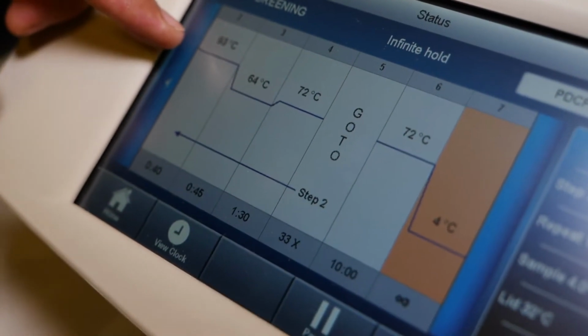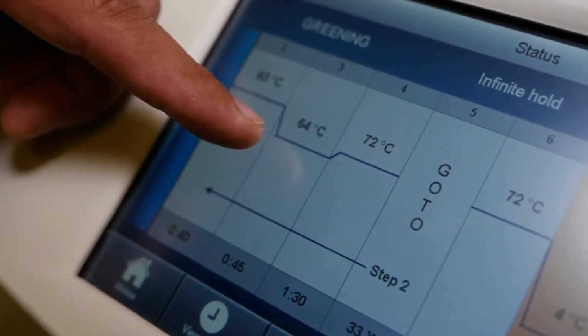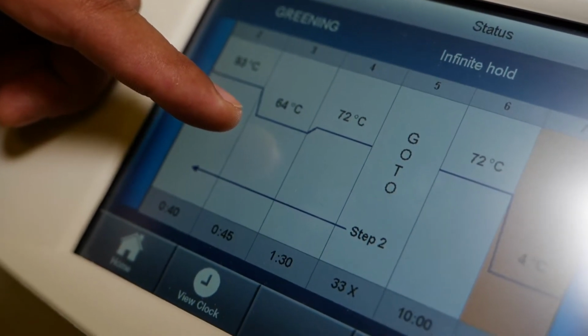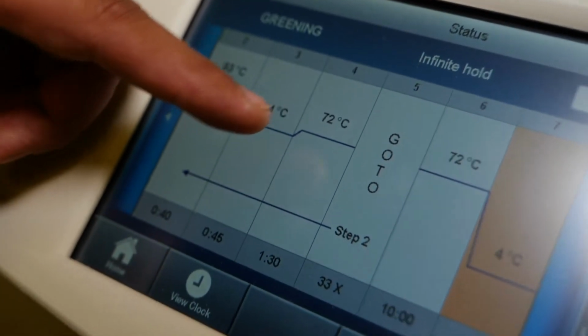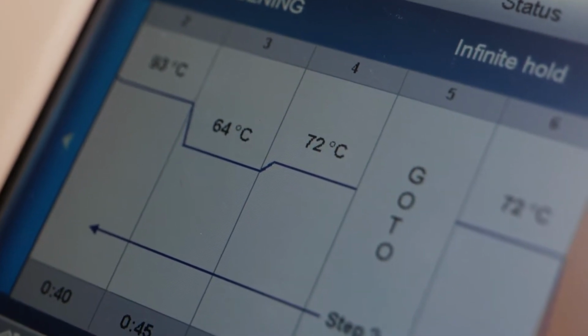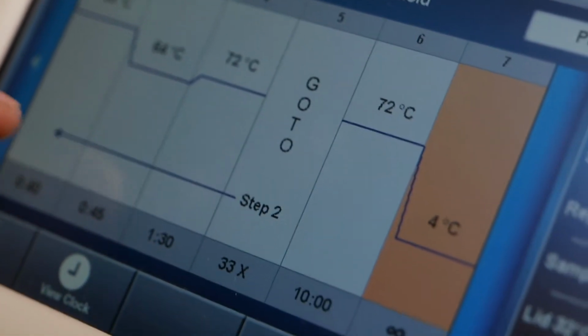This is called denaturation at 93, and at 64 it's annealing those building blocks, so it's making the DNA, amplifying the DNA, and then the last step is at 72. And then it will repeat.